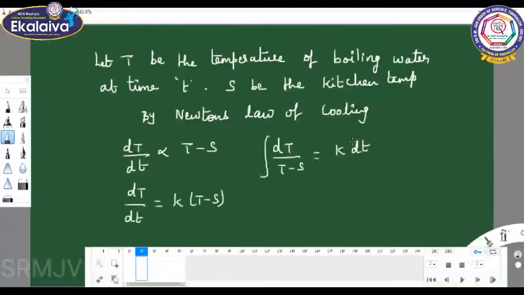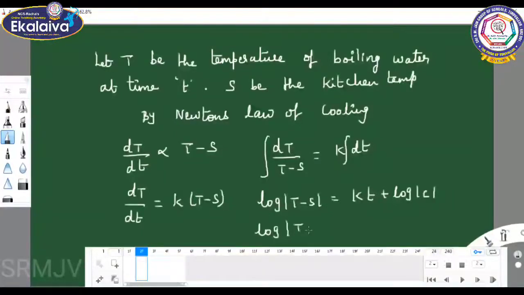Integrating on both sides, log of modulus of (T minus S) equal to kt plus log of modulus of C. So log of modulus of (T minus S) minus log of mod C equal to kt.